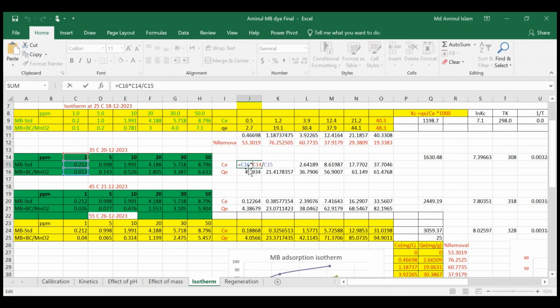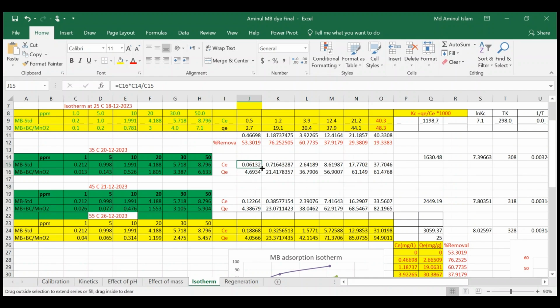So, this is C16. C16 means absorbance of sample into C14, initial concentration, divided by C15, absorbance of standard solution. So now, if you enter, this will give you this.